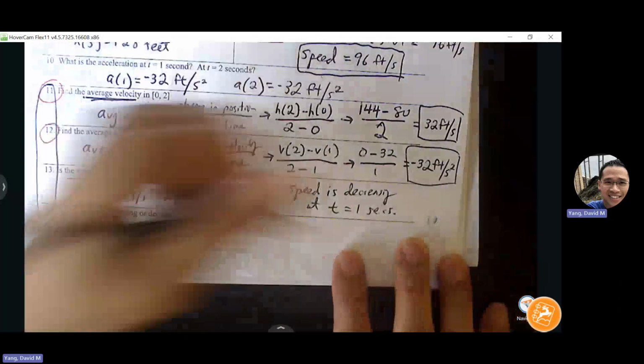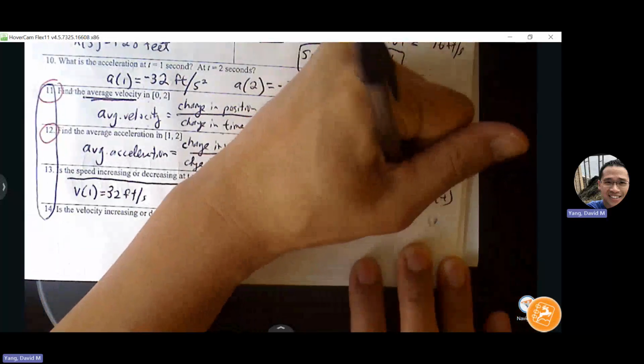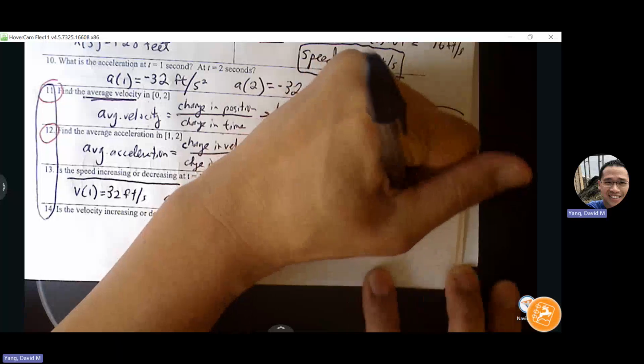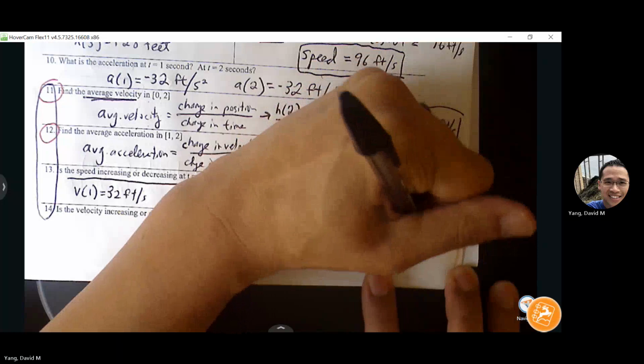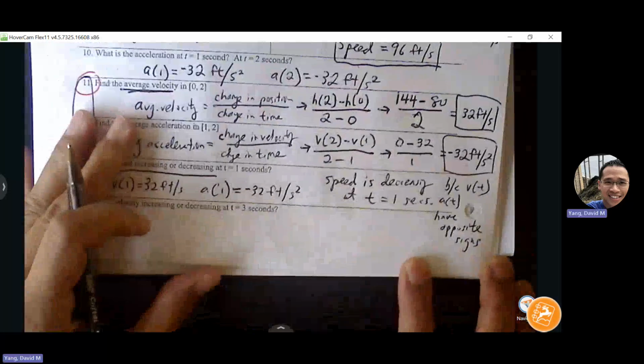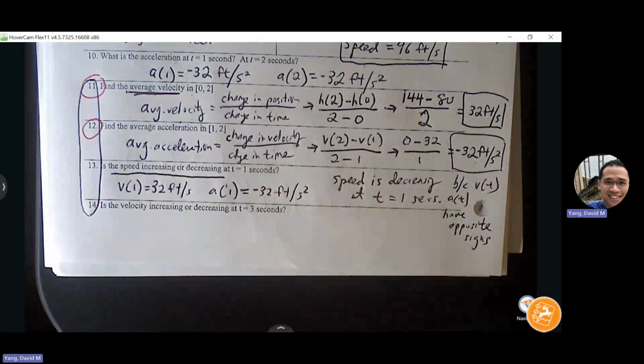So let me specify that. We know speed is decreasing because velocity and acceleration have opposite signs. So that's the justification that we know that speed is decreasing.